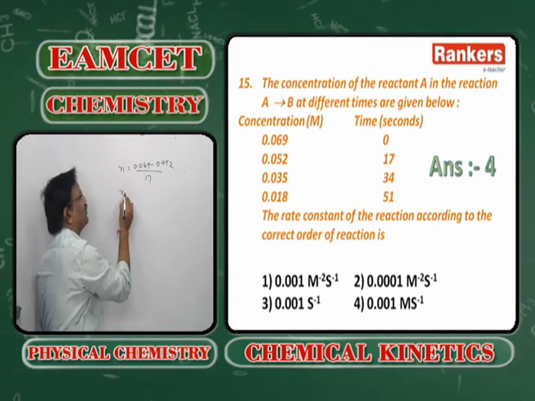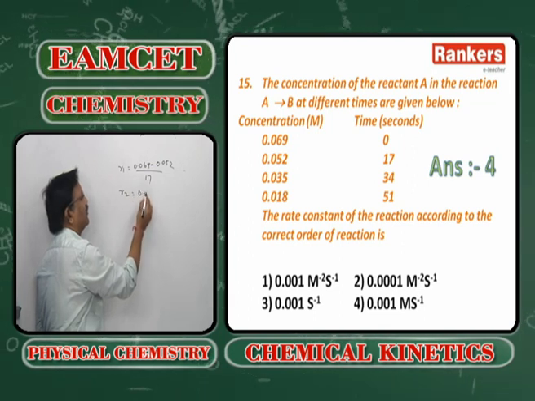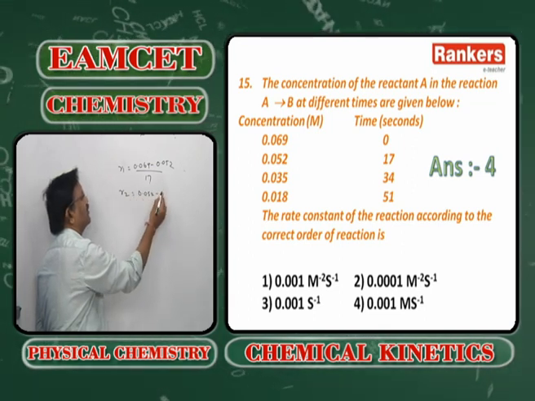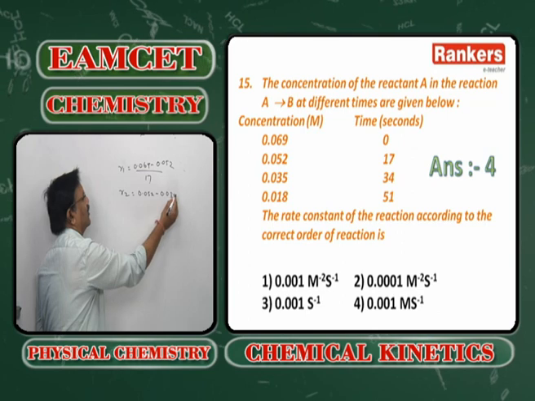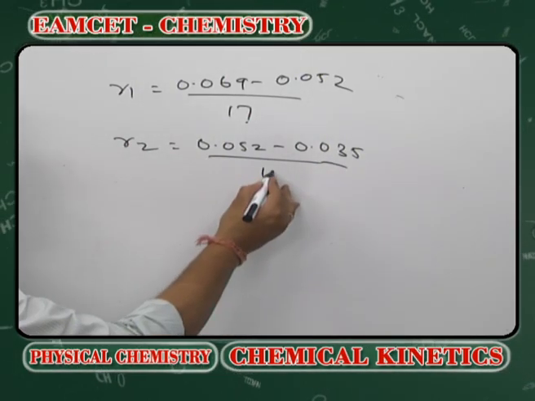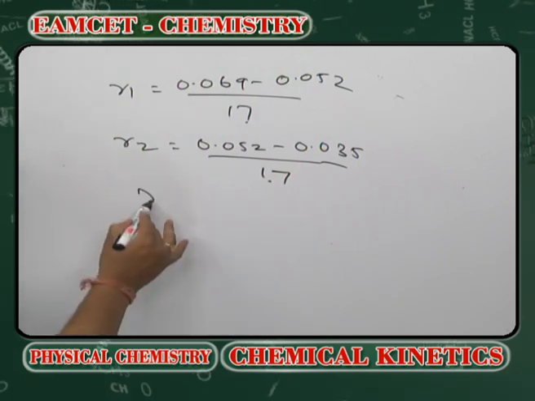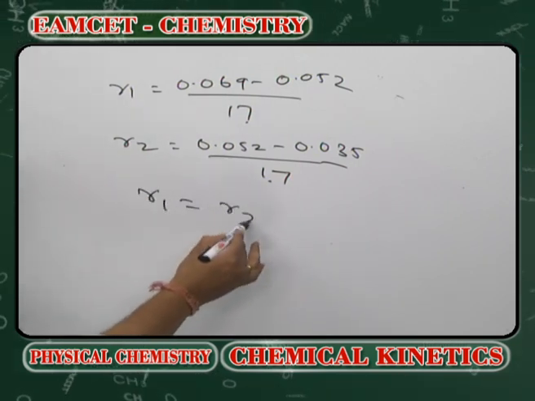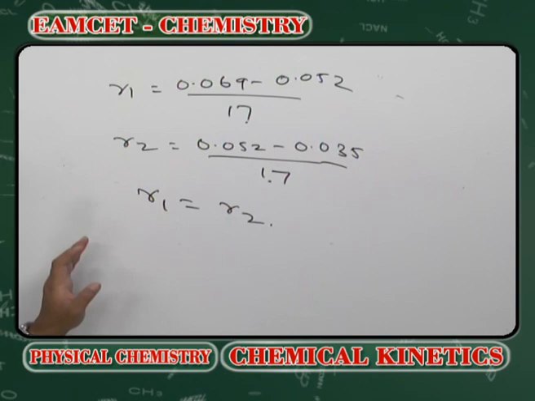And what is R2? 0.052 minus 0.035 by 17. Since R1 is equal to R2, this is a zero order reaction.